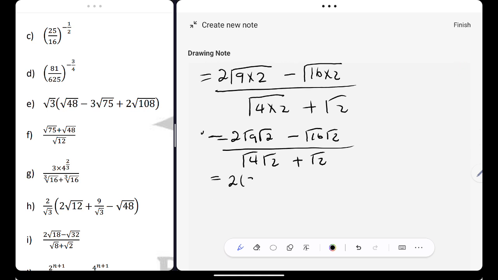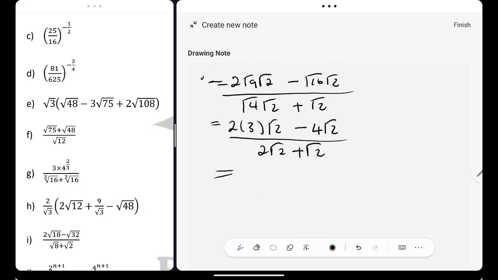Here I have 2 times 3 multiplied by the square root of 2, 4 times the square root of 2, 2 by 2, and then I'll have 6 multiplied by the square root of 2 minus 4 multiplied by the square root of 2. There at the bottom I have 2 root 2 plus 1 root 2, which is 3 root 2.